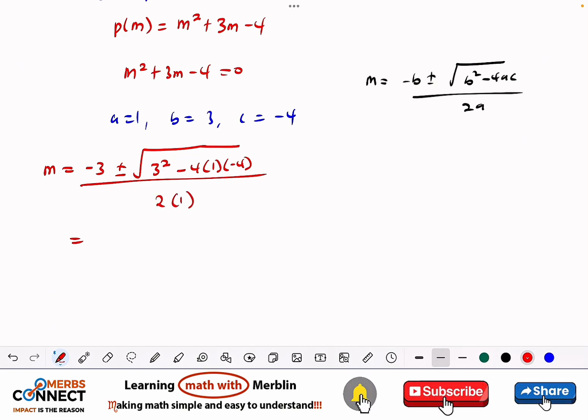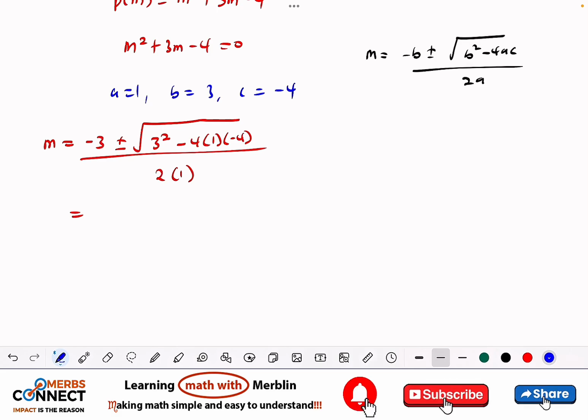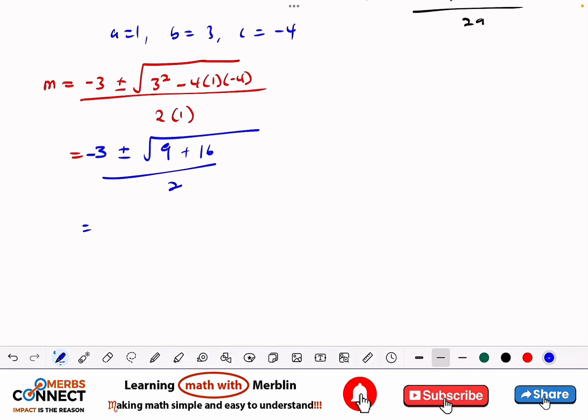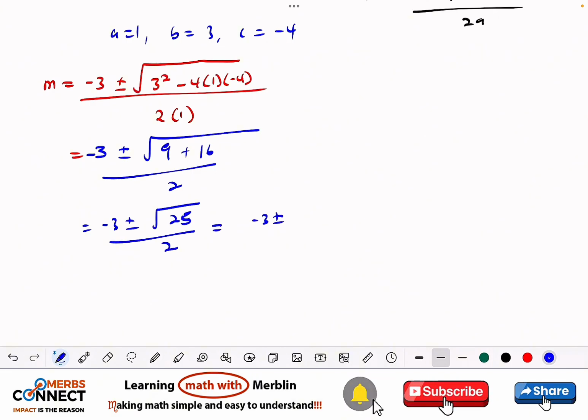So this is going to give us minus 3 plus or minus. This is going to be 9. Now, because this is minus, this will be positive. So this is going to give us plus 16, divided by 2. And this is going to give us minus 3 plus or minus the square root of 25, divided by 2. This is going to give us minus 3 plus or minus 5, divided by 2.